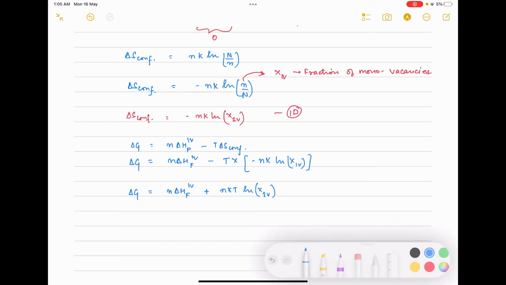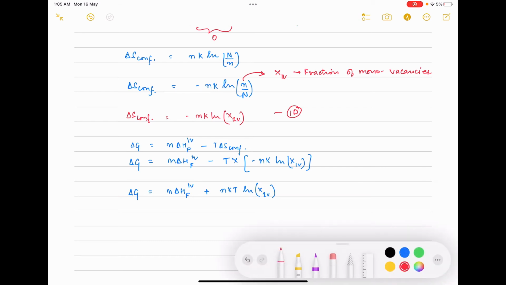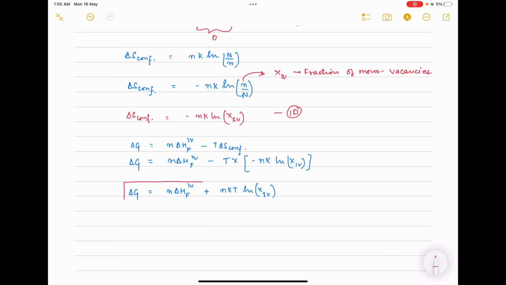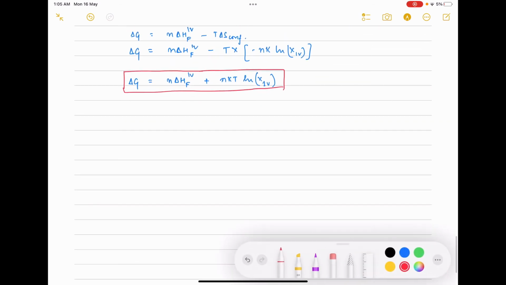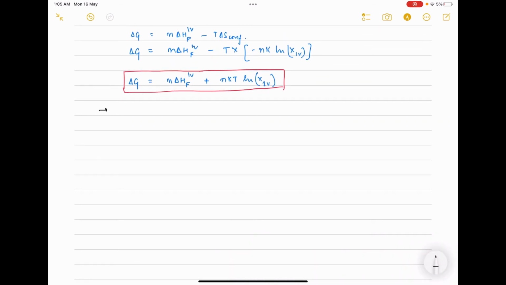Okay, so this is the expression for change in Gibbs free energy when n mono vacancies are introduced. Now, when will this Gibbs free energy be minimum?